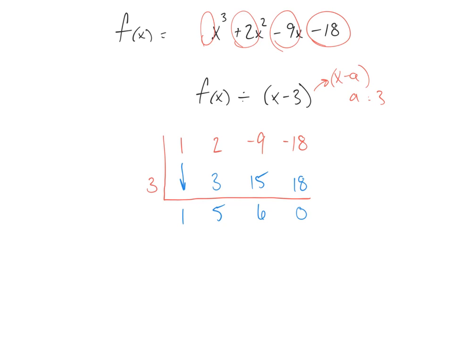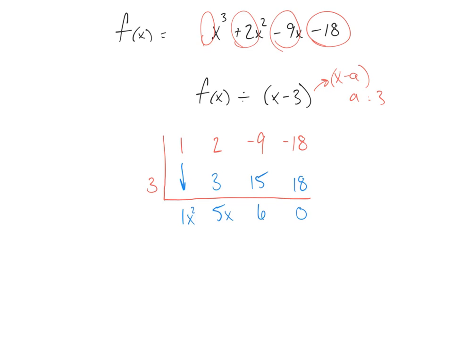So this is where we have to start identifying what each of these terms go with. What coefficient does this belong to? Well, we know that what we get at the end is our remainder. So we're going to have a remainder of 0. That means this is going to be our constant, which means that this term next to it is our x to the first term, and then this is our x squared term.